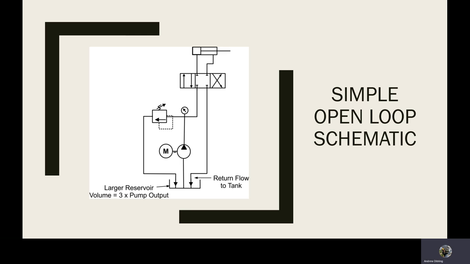So here's a simple open loop schematic. Here we can look at these basic symbology. We'll get more into the symbology as we go into the course in the next few modules to come. But suffice it to say now, this is an indicator of a motor-driven pump.